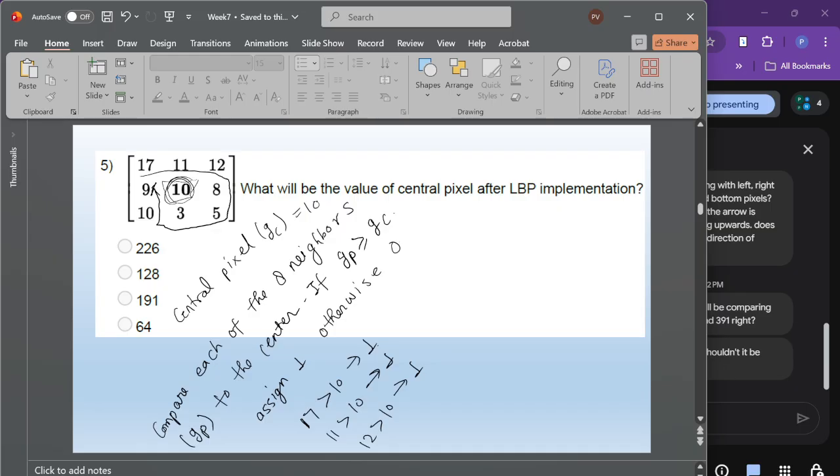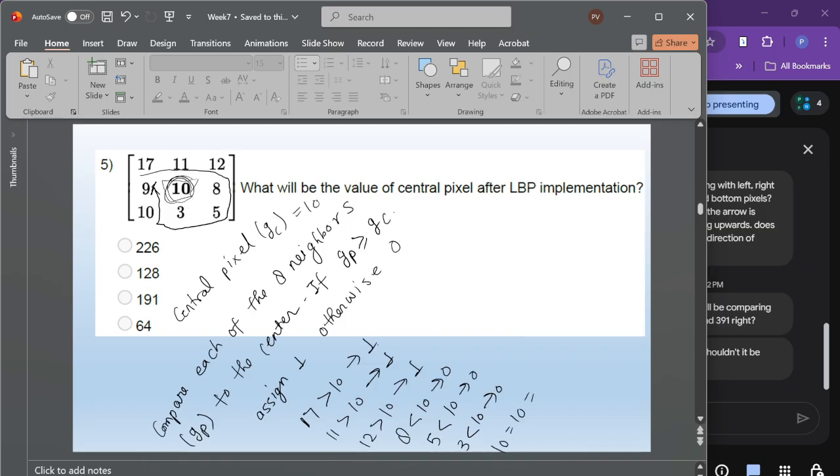Okay. So now the next one is 8. 8 is less than 10, so assign 0. 5 is again less than 10, so assign 0. 3 is less than 10, assign 0. And 10 is equal to 10, assign 1, because the condition is greater than or equal to. As 9 is less than 10, assign 0. Right?